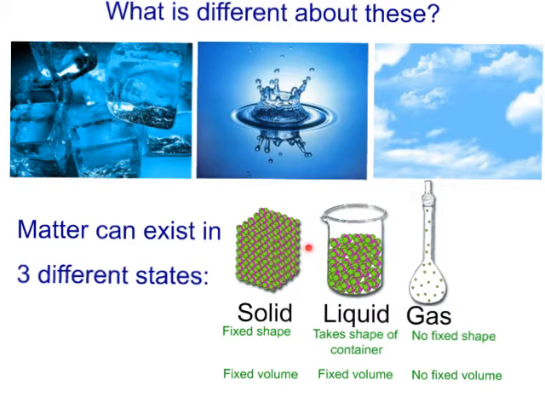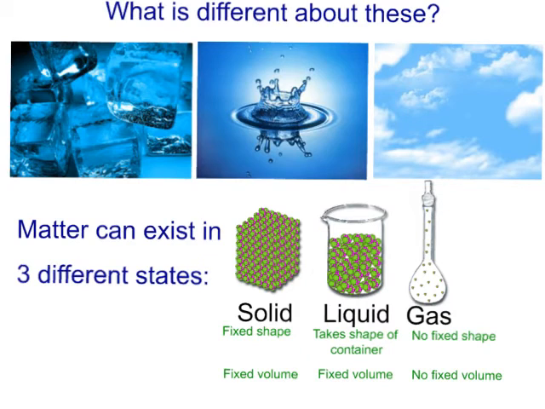Well, when water is a solid, or anything for that matter is in a solid state, it has a fixed shape and a fixed volume. It does not move to occupy the container that it's in. It's a solid shape. It's also the most tightly packed together in that state of matter.